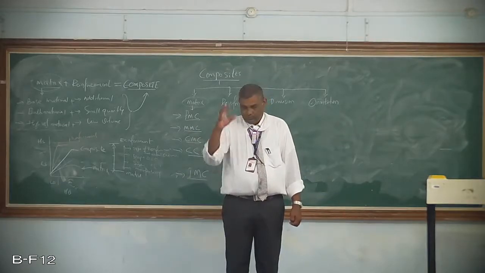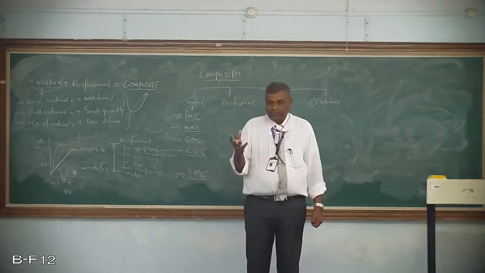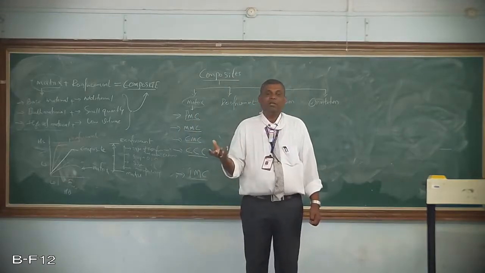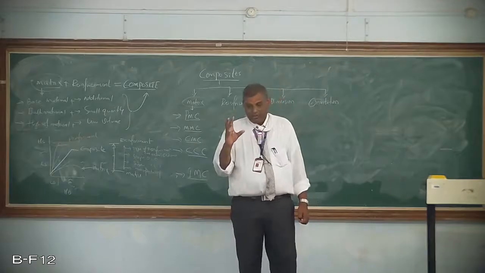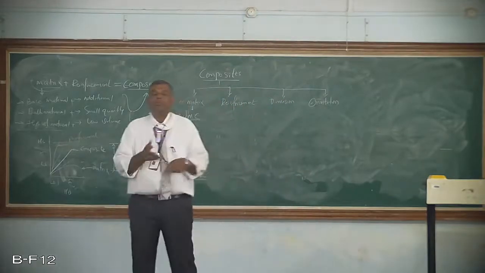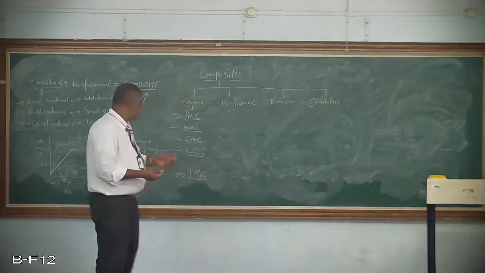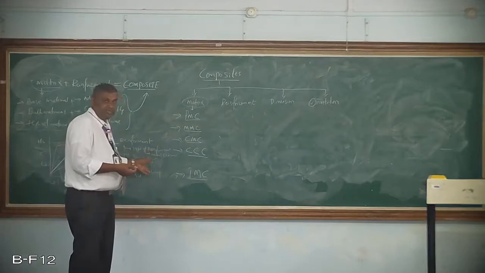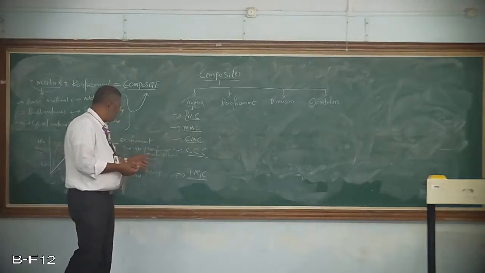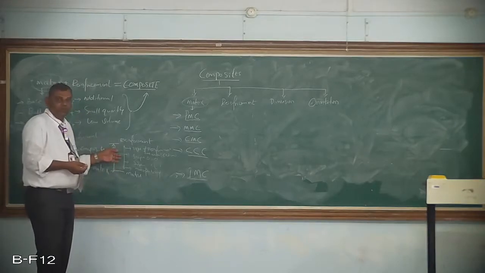By powder metallurgy, it will be different. By rolling, it will be different. By extrusion, it will be different. So even though the shape and size are the same, by changing the type of manufacturing process, the properties will change. So these are some of the variable parameters which influence the final set of properties of the composite.